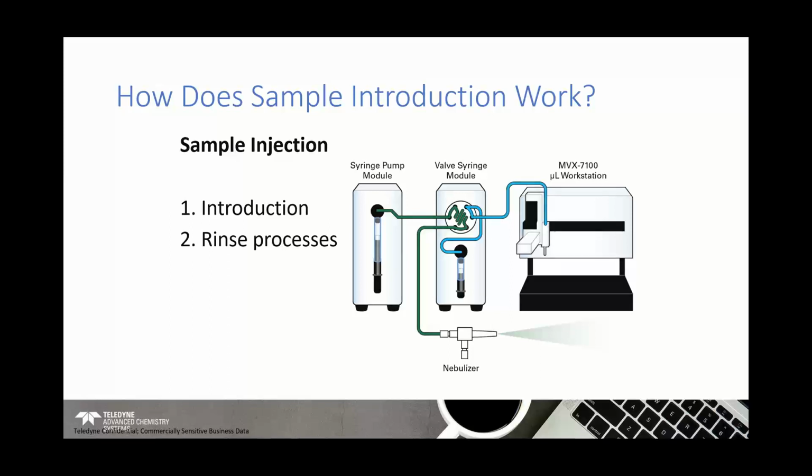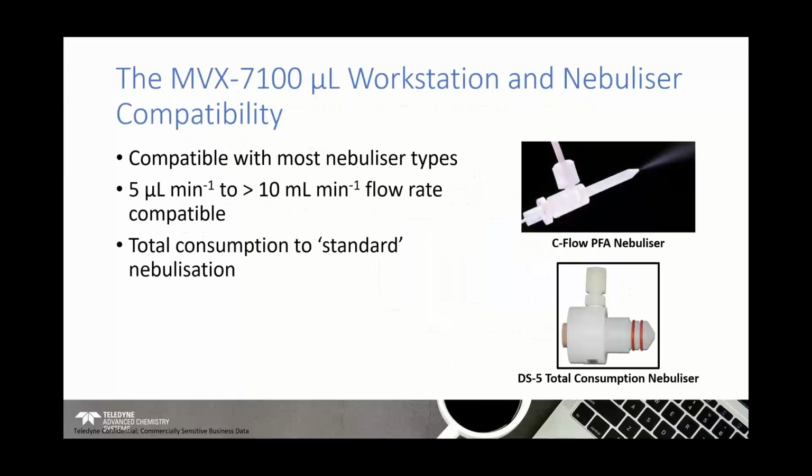Now, I mentioned that we've got full control over the introduction flow rate, and it brings us to nebulizers. We have the range of introduction flow rates to cover any kind of nebulization required for your application. And because we simply connect the automation to the nebulizer with some fittings and ferrules, we're compatible with any kind of nebulizer you might have.